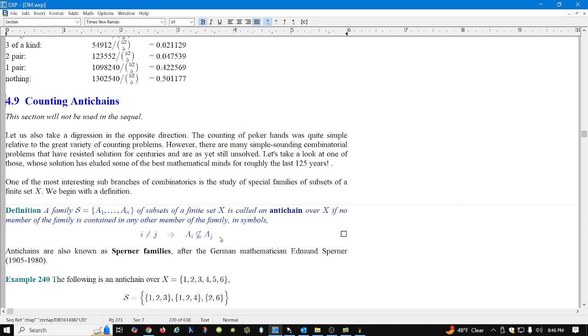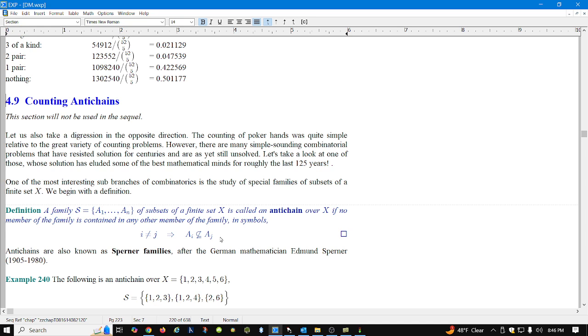These are a chain of subsets. But here is just kind of the opposite. That's why they call it an antichain. No subset in the antichain is contained in any other subset.